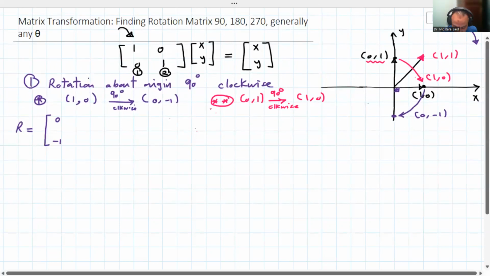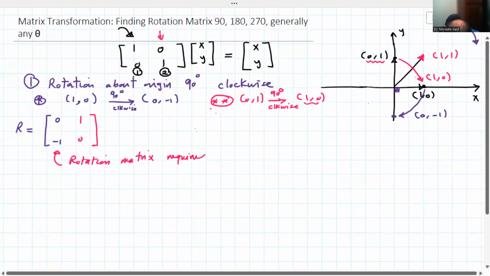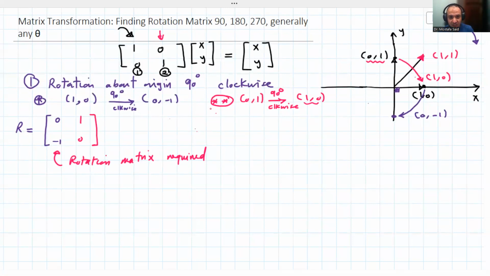In the identity matrix, you replace the 0, 1 column with 1, 0. And that's it, guys. This is basically the rotation matrix required, the rotation matrix that's going to do a 90 degree rotation in the clockwise direction.